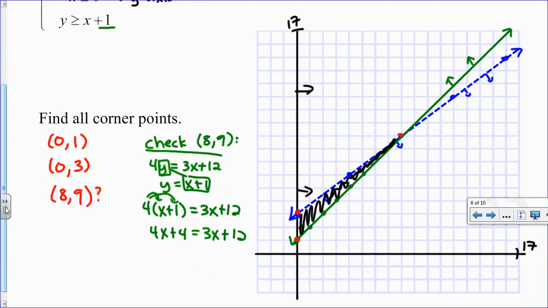Subtract 3x, subtract 4, so x equals 8. If I plug that back in to y equals x plus 1, y is 9. So that is the third corner point. It's important to know that needs to be accurate because that could be the point that gives you a maximum or minimum.